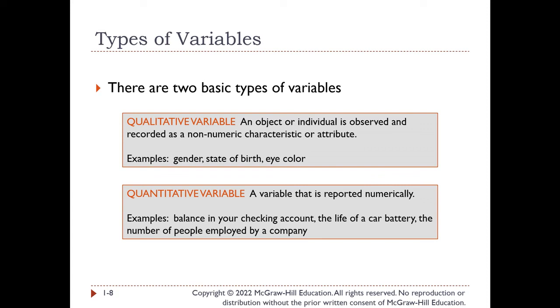So the examples they gave us were gender, state of birth, eye color. We can look at other things like race, since they're staying with person, or what vehicle they drive. You can have anything that's really not numerical. So, when we work on these variables, we simply count the number of observations for each category.